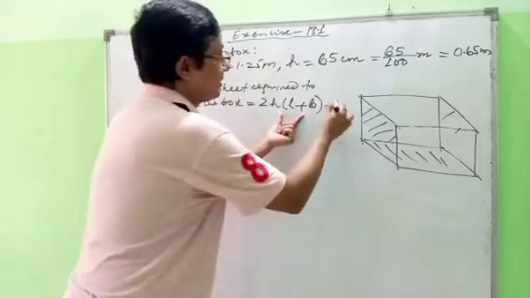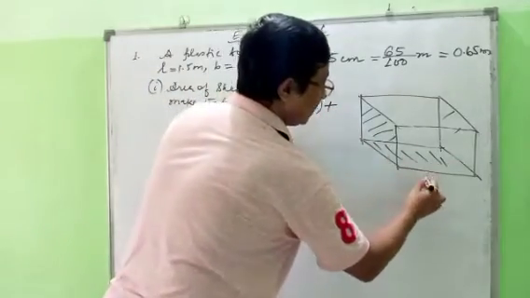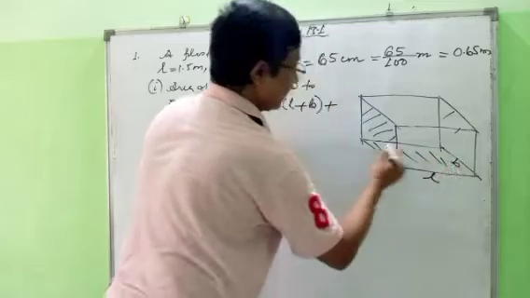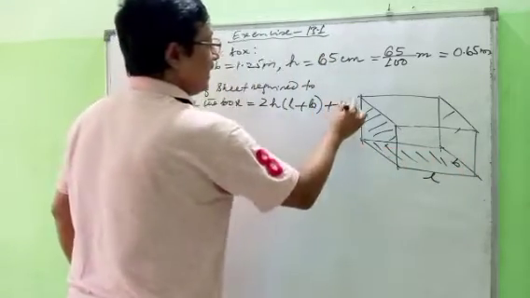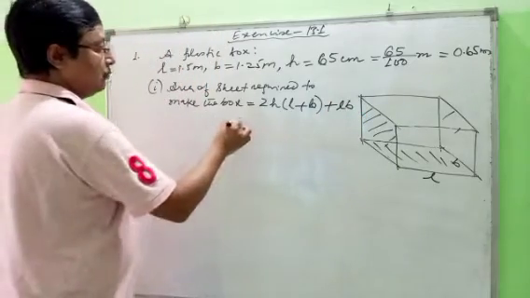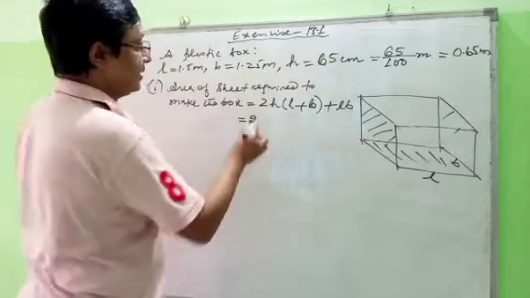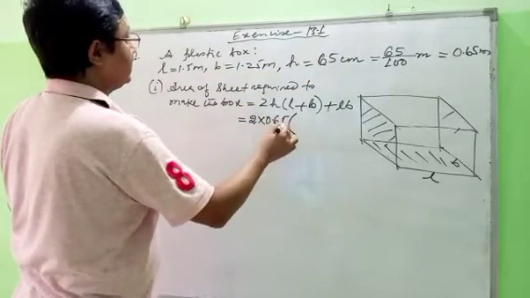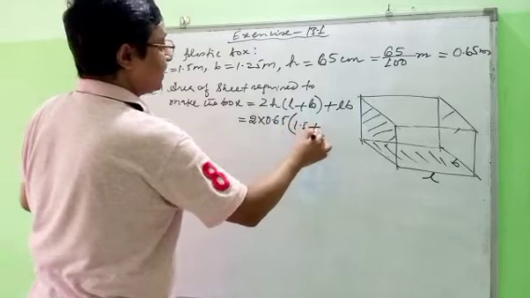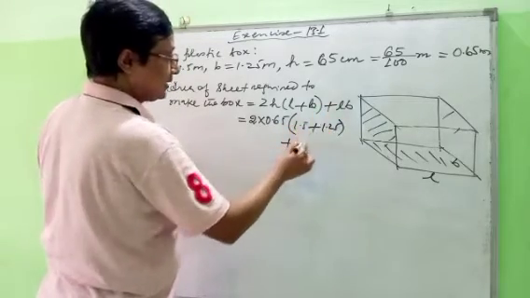Plus the base: this is length, this is breadth, so length into breadth, plus LB. Now you put these measures. Twice into height, so height is 0.65, into length 1.5 plus breadth 1.25, plus 1.5.